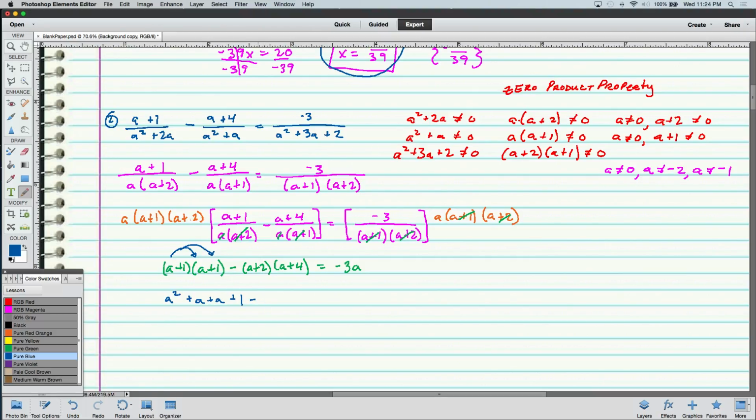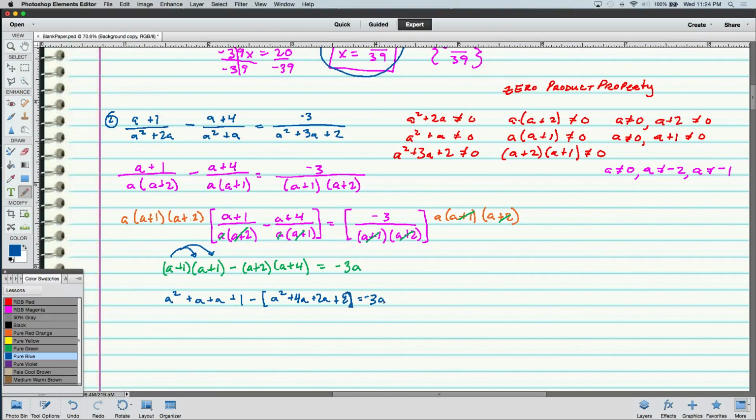Minus, I'm just going to put this in parentheses because remember this minus is going to distribute to every term. So a times a, which is a squared. A times 4, which is plus 4a. 2 times a, which is 2a. And 2 times 4, which is plus 8.